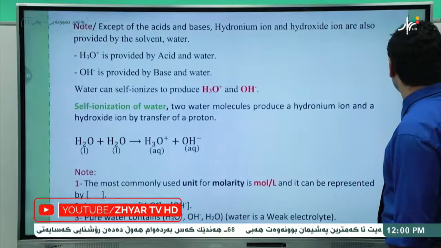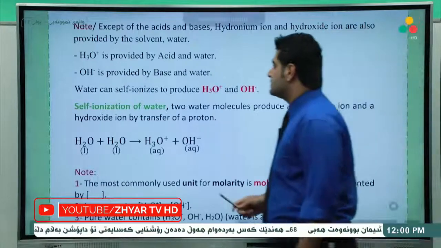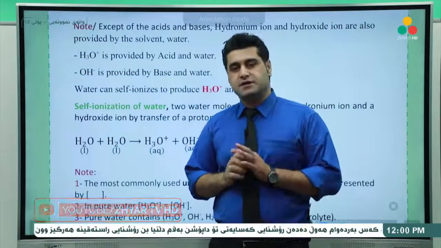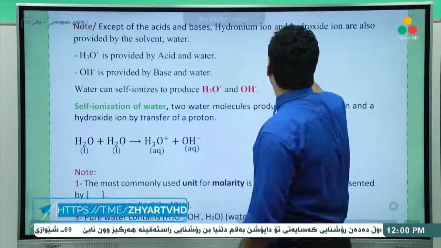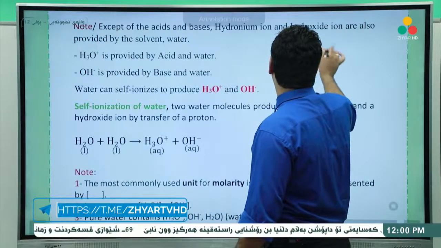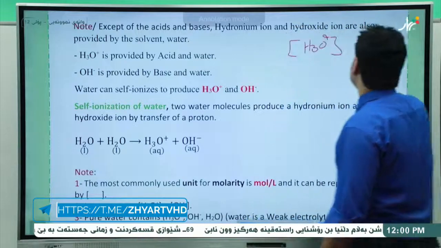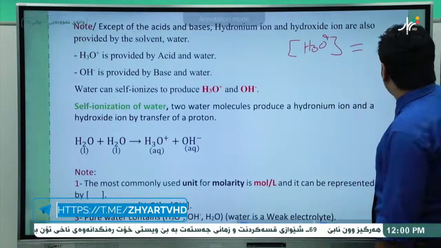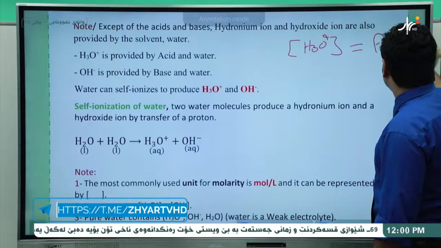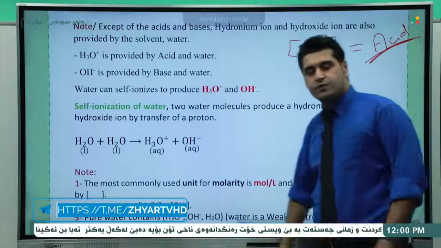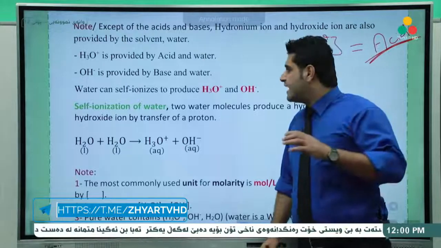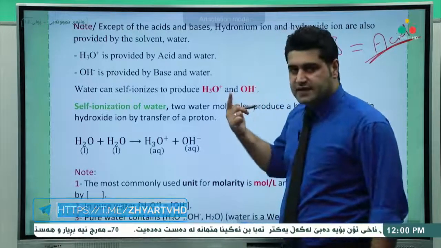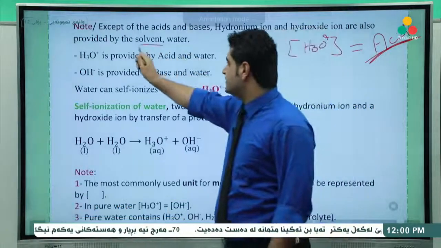Well, look, we know that the source of the hydronium ion concentration is the acid. We always say that we can obtain this ion when we have an aqueous solution of the acid. But now we can see that there is another source providing the hydronium ion, which is the solvent.